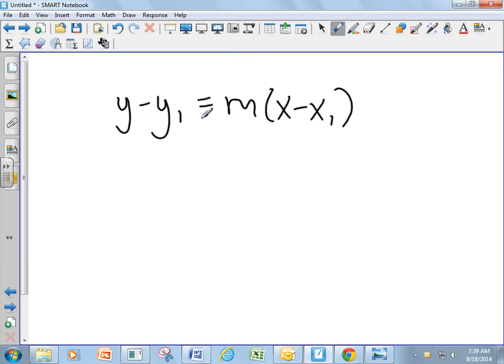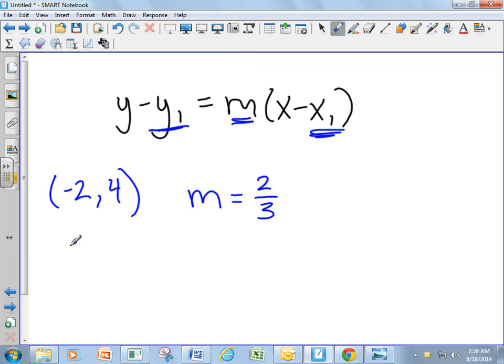The beauty of this form, I feel, is I can give you an x and a y value, like an ordered pair. So maybe you know your point on your line is something like negative 2, 4. And then I can also give you your slope. Let's say our slope, we'll just use again the 2/3.